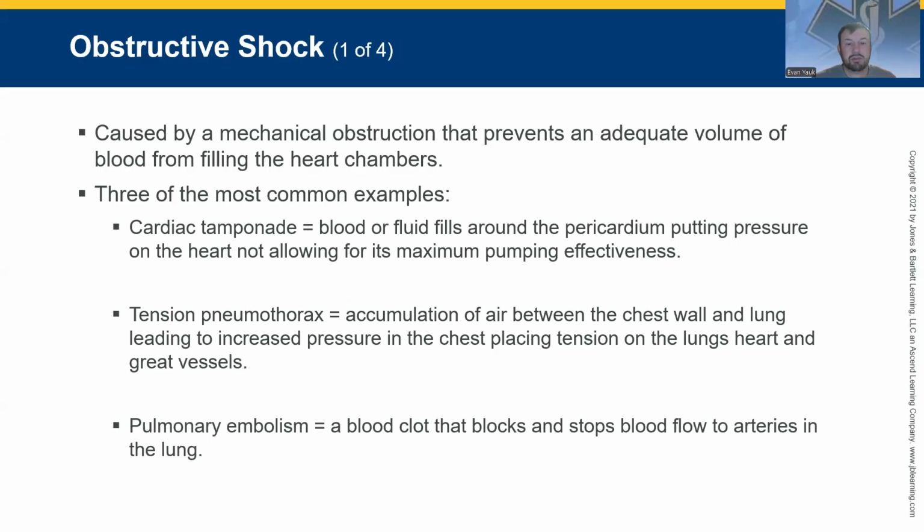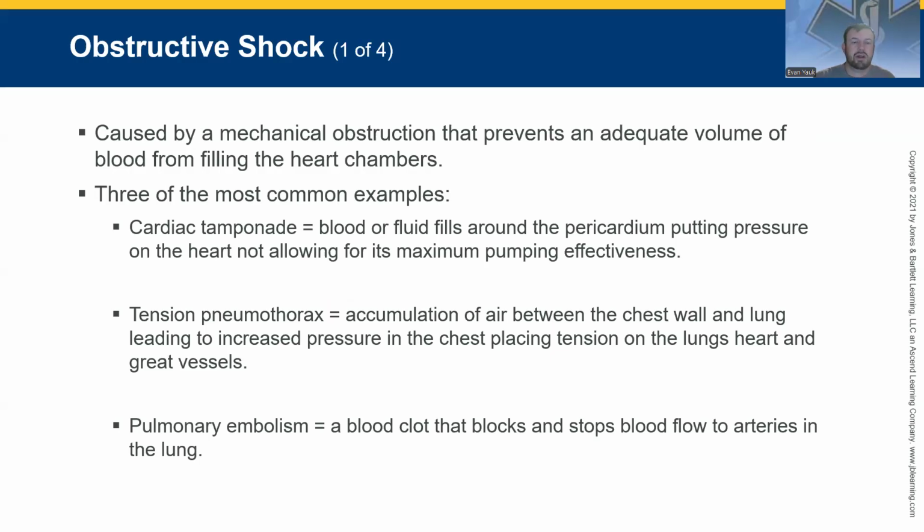Obstructive shock is caused by a mechanical obstruction that prevents an adequate volume of blood from filling the heart chambers. Three of the most common examples: cardiac tamponade, which is blood or fluid filling around the pericardium, putting pressure on the heart, not allowing its maximum pumping effectiveness.